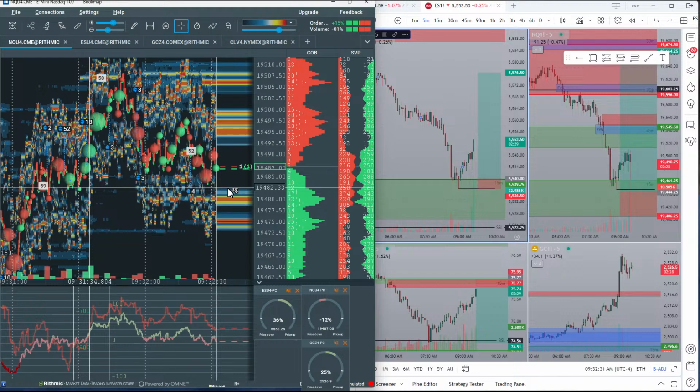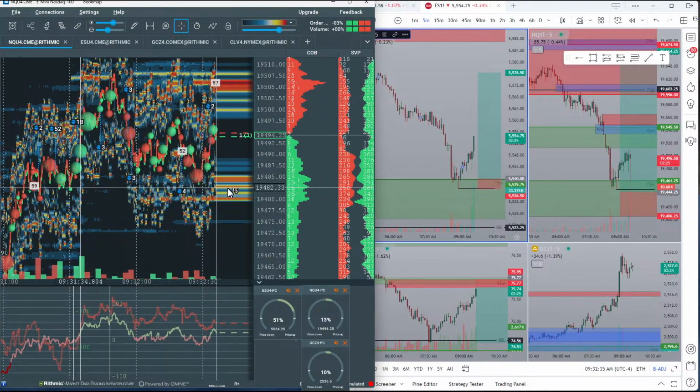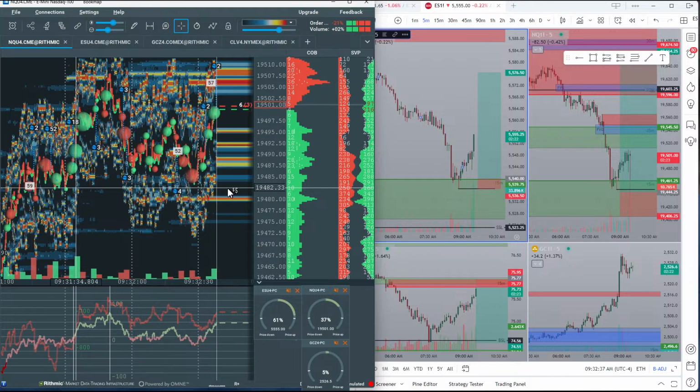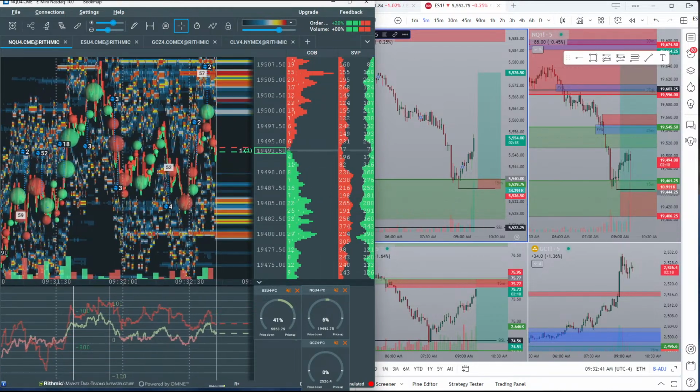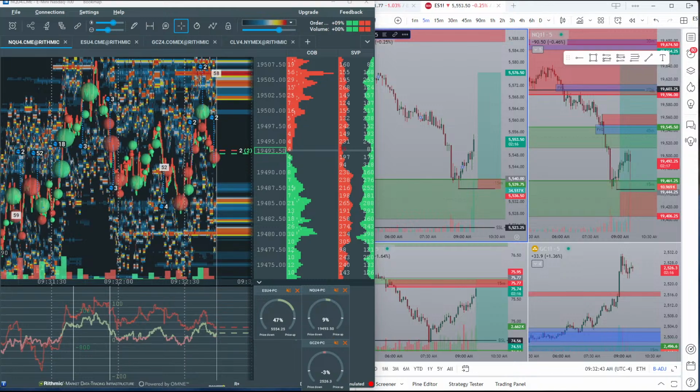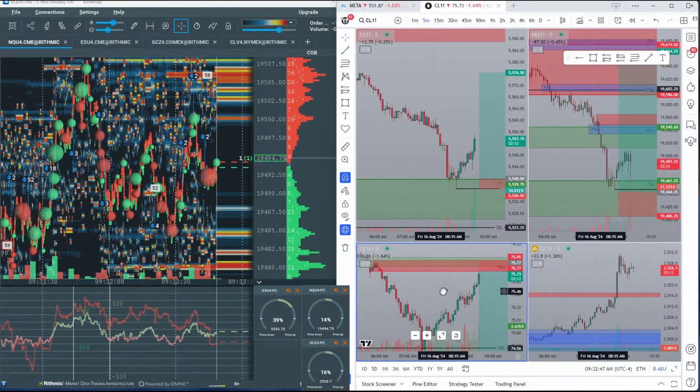Come on, NASDAQ, go break that low. ES still pumping up. ES holding NASDAQ from breaking those lows. We got crude oil coming into 15-minute supply.